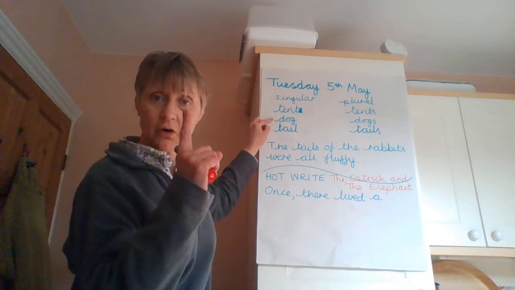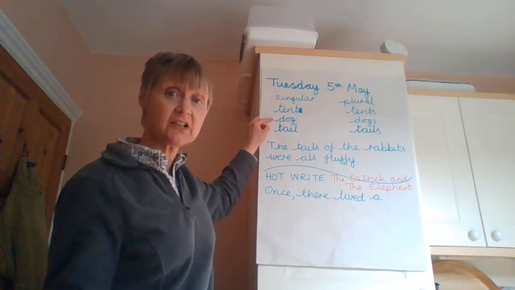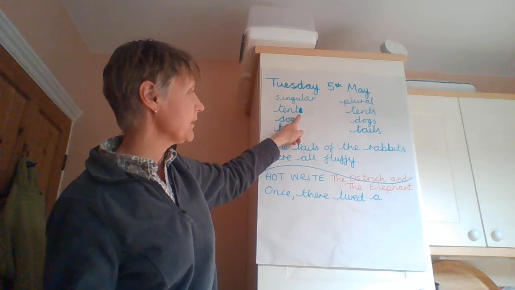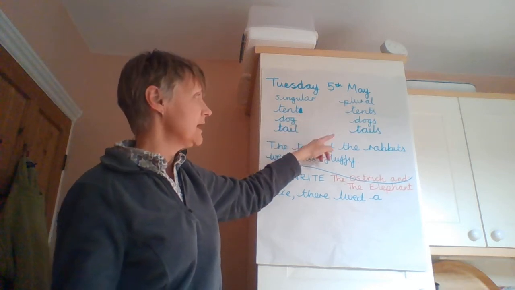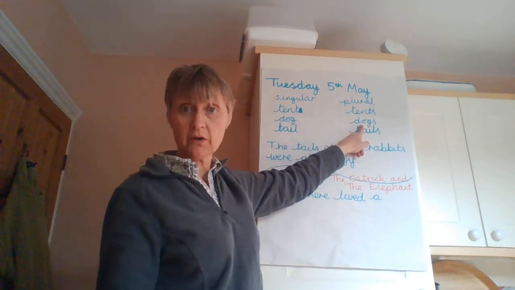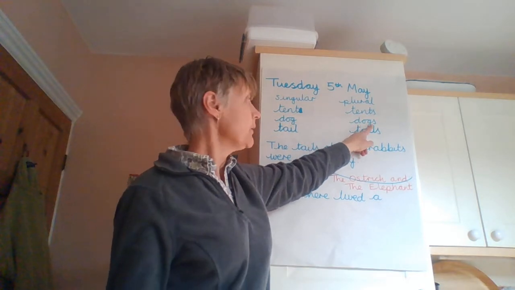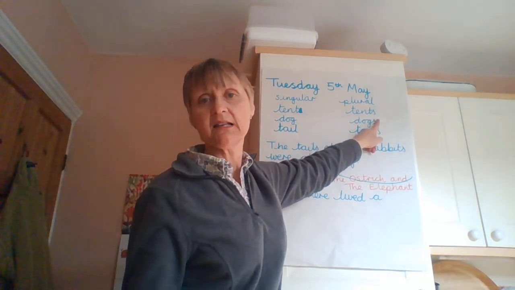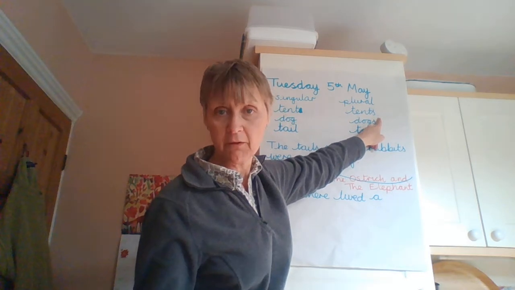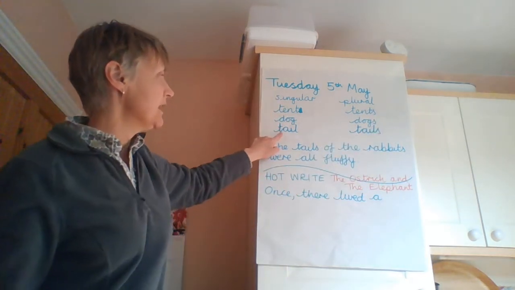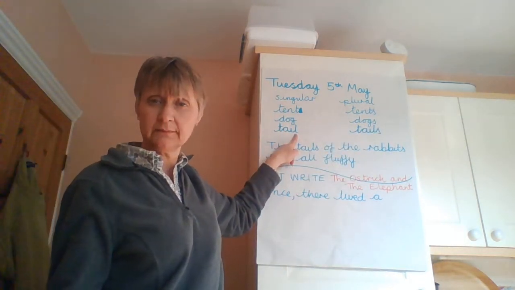Dog. One dog, if we want to say that something belongs to that dog, we would put apostrophe S. When we've got the plural of dogs, so a whole group of dogs, we've already got the S on the end, so we put the apostrophe after it. Tail. One tail.